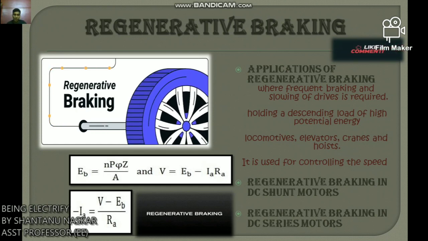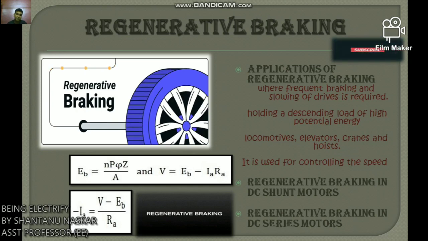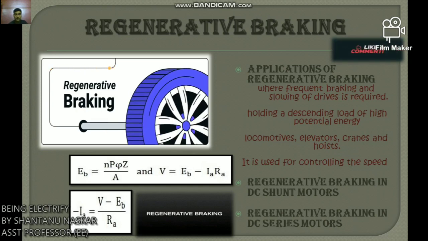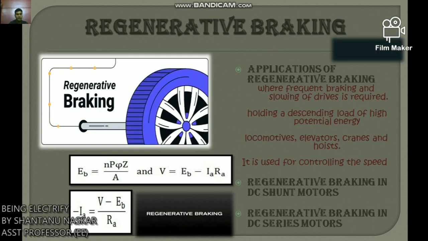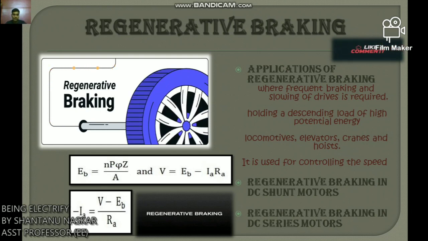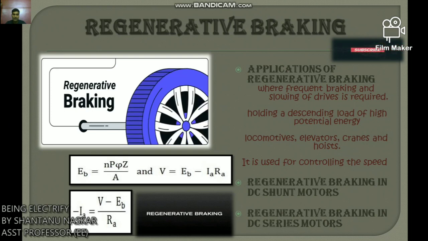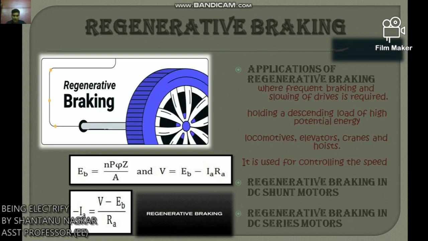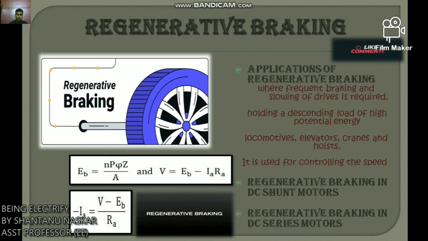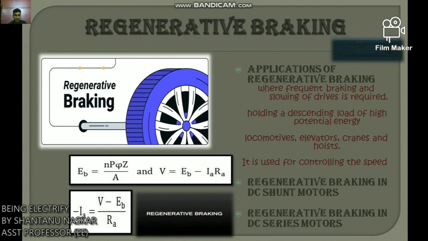Regenerative braking cannot be used for stopping the motor. It is used for controlling the speed above the no load speed of the motor driving. The necessary condition for regeneration is that the back EMF Eb should be greater than the supply voltage so that the armature current is reversed.